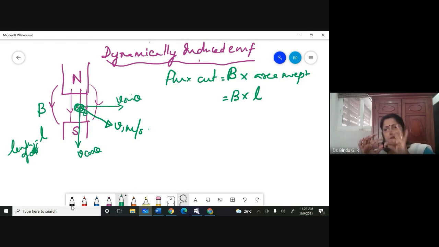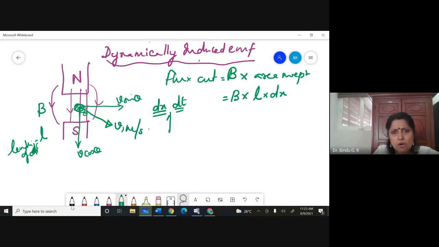So the length of the conductor L, and the distance through which it moved, let that be dx. That is, dx is the distance moved in a time dt by a conductor of length L, moving a small distance dx with a velocity v in small time dt. So this is your flux cut.